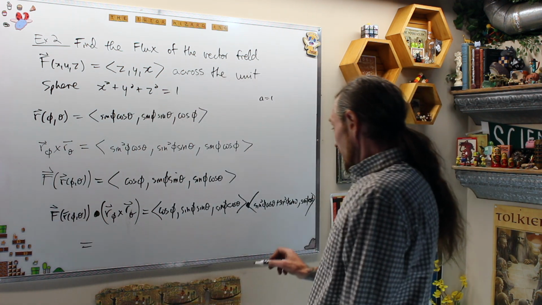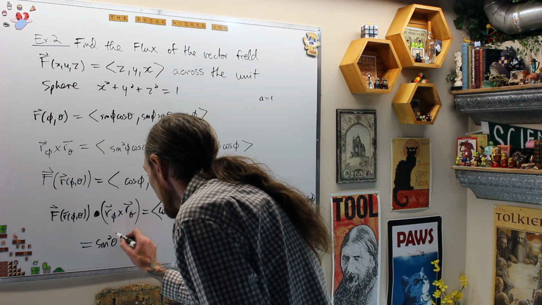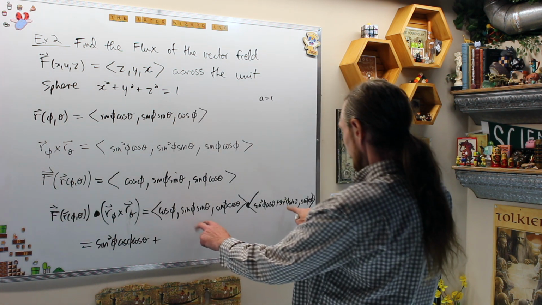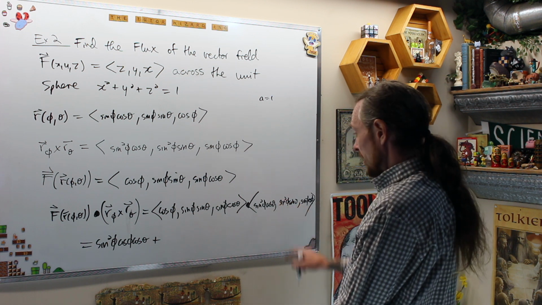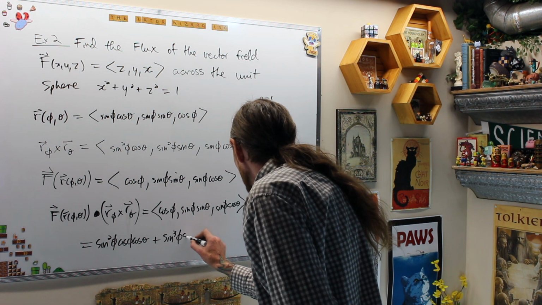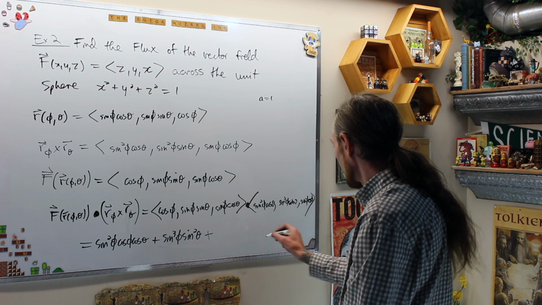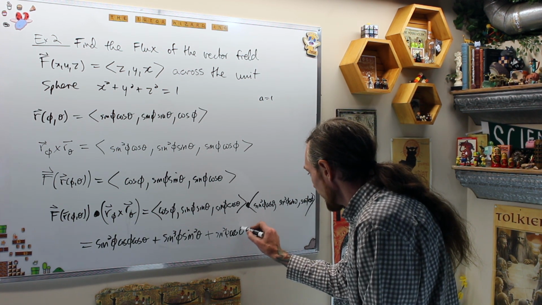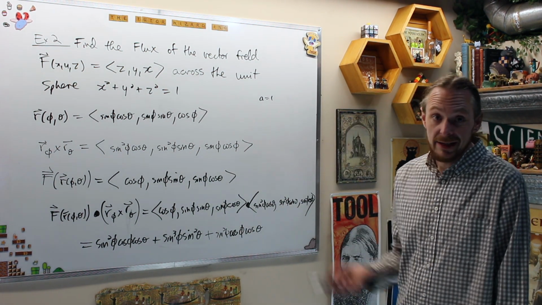In the first one I've got cos phi sine squared phi cos theta, plus in the next one sine cubed phi sine squared theta, plus in the last coordinate sine squared phi cos theta cos phi. Now what are we going to do with that? We're going to take that hot mess and try to integrate it.